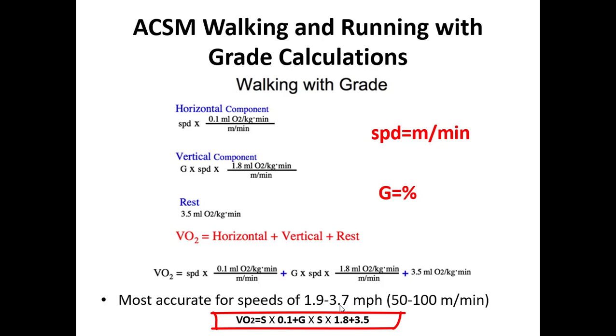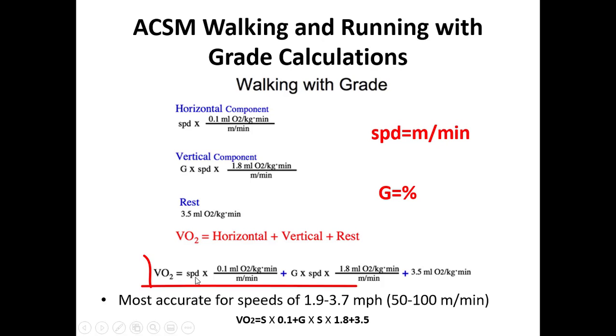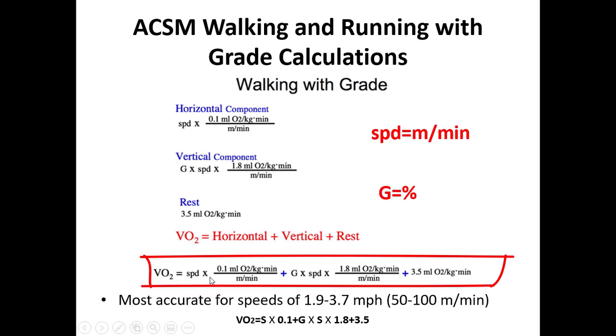Does it make sense? It's like this. Oxygen consumption equals speed multiplied by 0.1, that is a constant, plus grade, this is percent grade, multiplied by speed multiplied by 1.8, this is a constant value, plus 3.5. This is the ACSM walking equation.